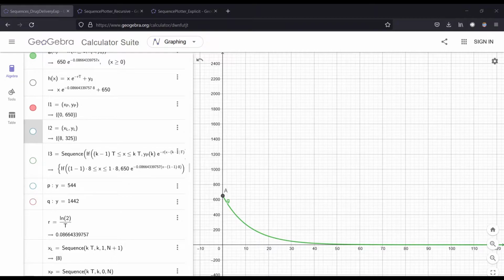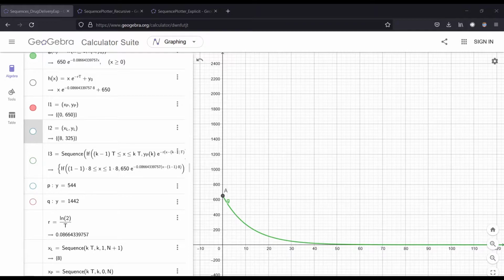We're assuming here that the half-life is every 8 hours, and that 650 milligrams is the initial dosage. You see that it decays relatively fast, and by about 50 hours, the amount in the bloodstream is essentially zero.